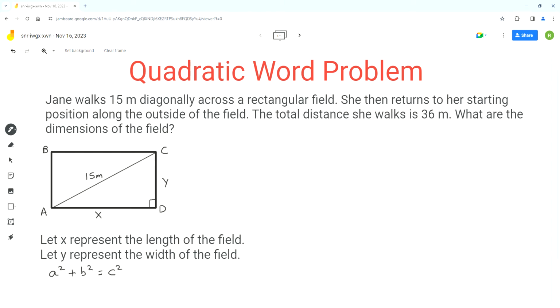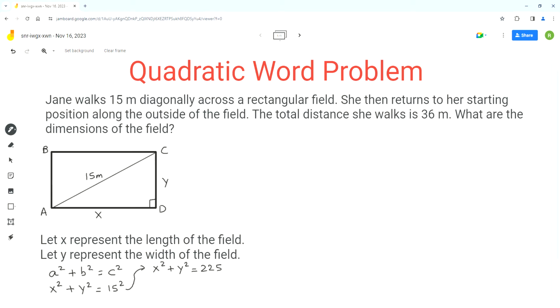In this equation, c represents the hypotenuse and a and b are the other two side lengths in the right angle triangle. In this case, it can be x and y. So x squared plus y squared equals 15 squared, and we know that 15 squared is equal to 225. So that's our first equation with x and y.